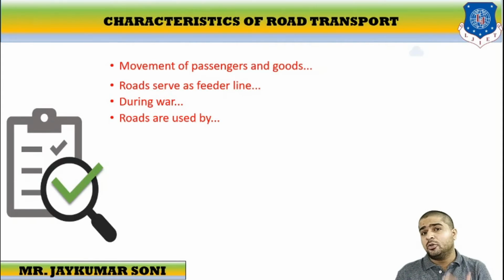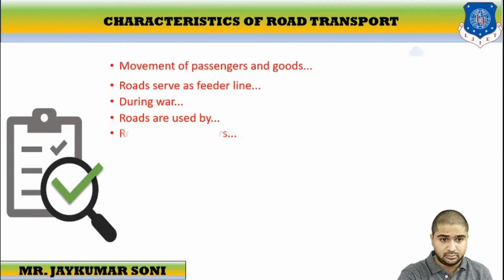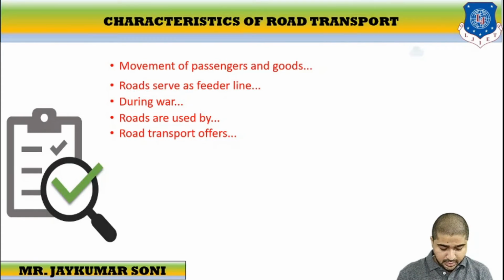Then roads are used by various commodities, various communities, various modes of transport. Which are those communities? Majorly all communities use road transport. This road transport offers various kinds of benefits.